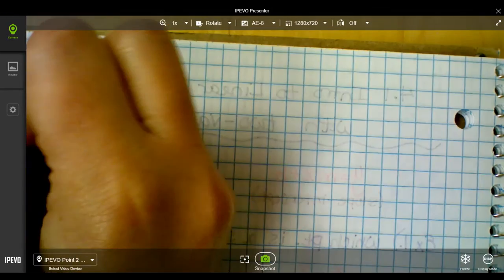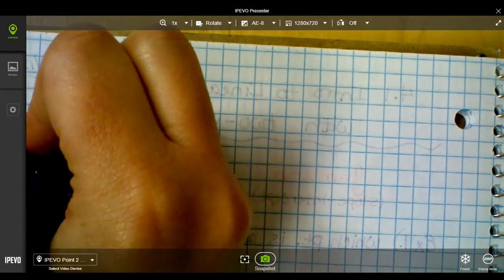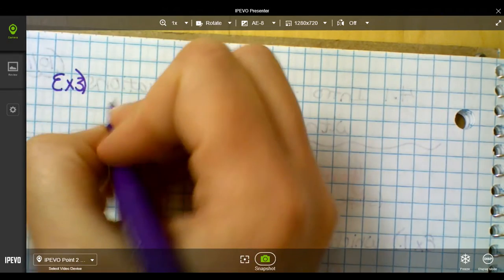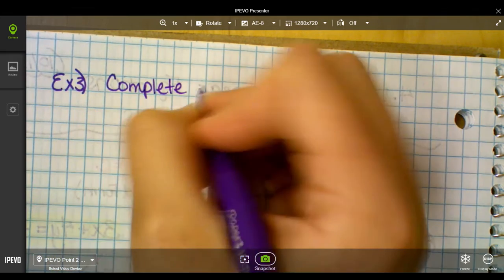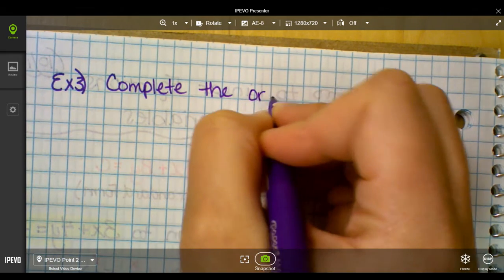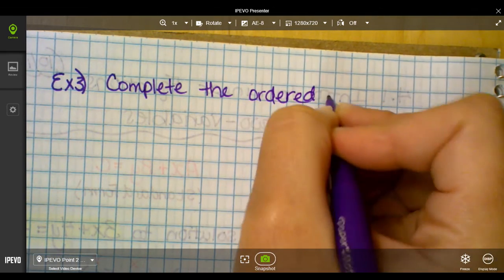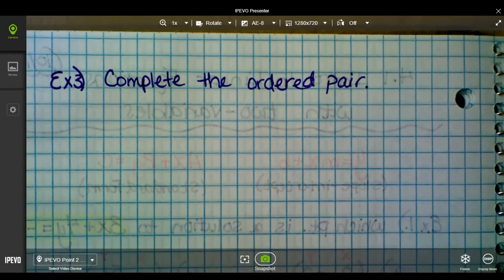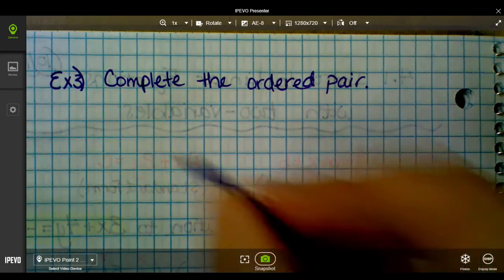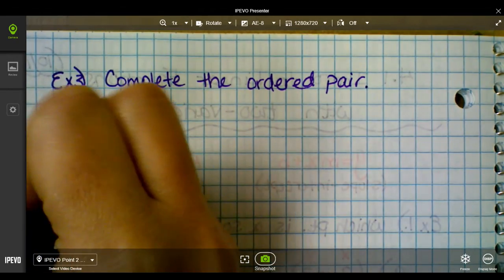All right, so example number 3. Complete the ordered pair. So I'm not asking you if it's a solution or not. I'm going to give you one of the ordered pairs, and I'm going to ask you to find the other one.